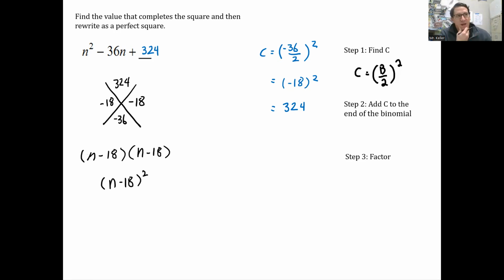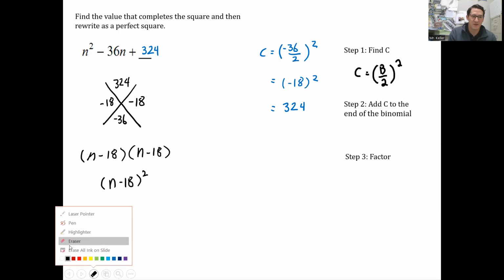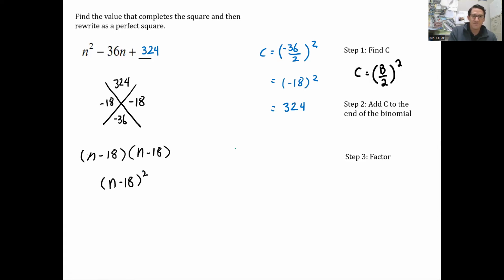Here's the deal. This is one of the times I'm going to tell you about a shortcut. The reason we find the C value this way is because it creates a perfect square trinomial that's always going to factor nice and neat into a square binomial. So the sides of the x factor are always going to be the same thing, and we don't have to guess and check. It's always going to be half of that b.